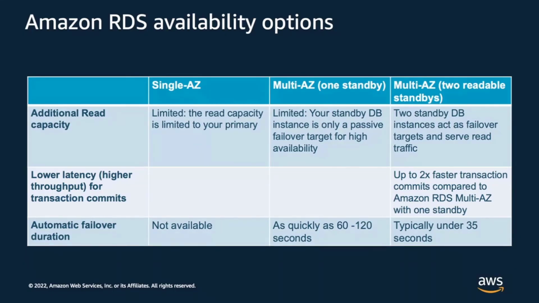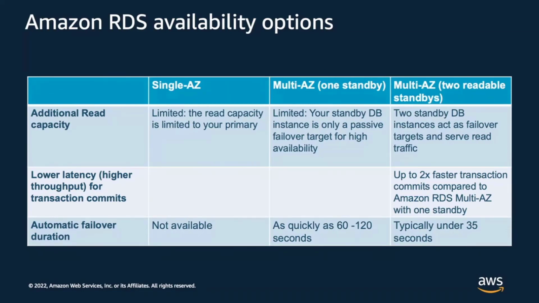For automatic failover on single AZ, this does not exist. When a failover occurs, Amazon RDS will attempt to restart the primary, and if it is unavailable, will attempt to replace it. However, during this time, your application is unable to connect to a database as there is nowhere for it to fail over to.